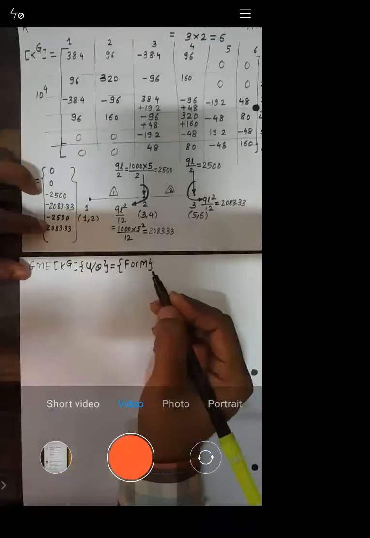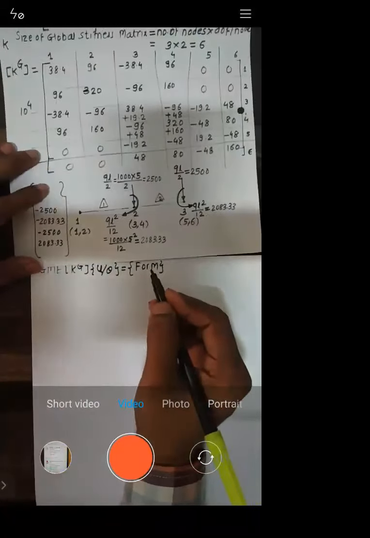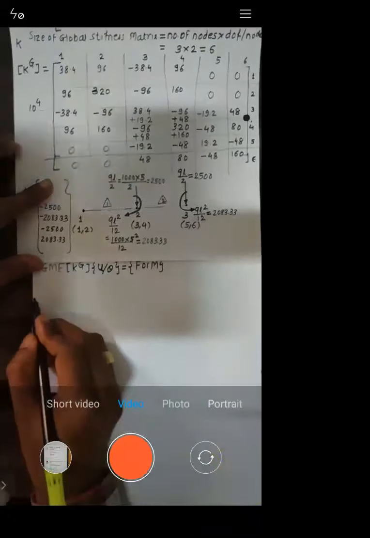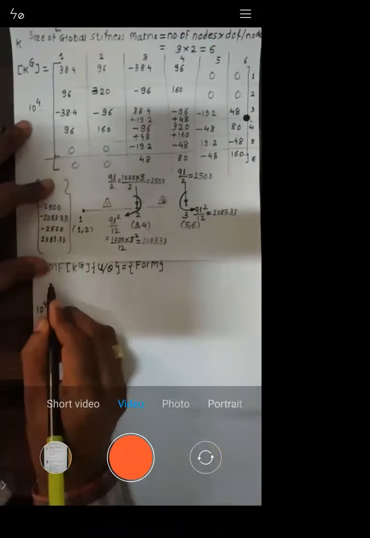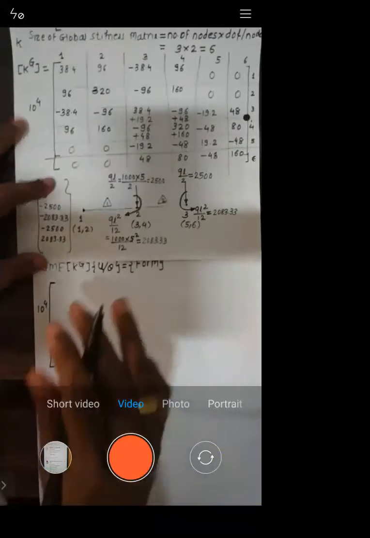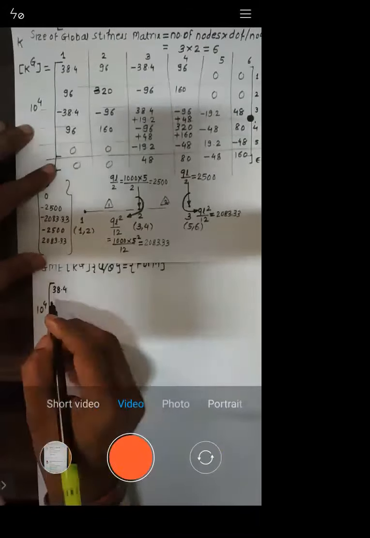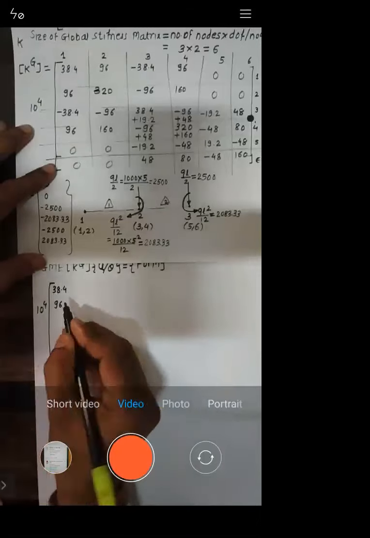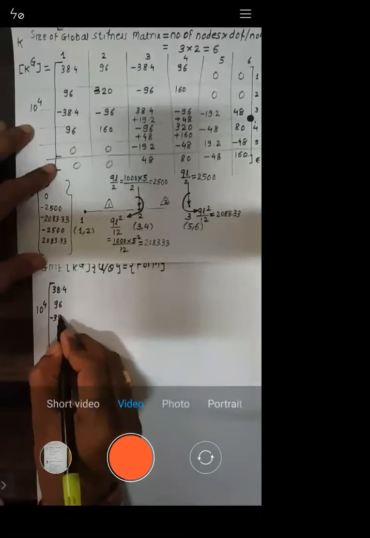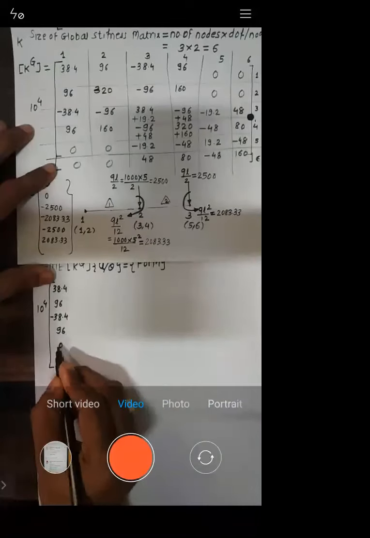So I need to write down the global stiffness matrices now. I will take 10 raised to power 4 outside. So what is remaining? 38.4, then 96, minus 38.4, 96, 0, 0.